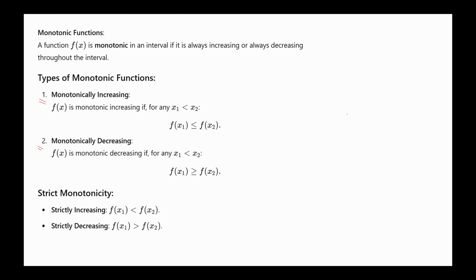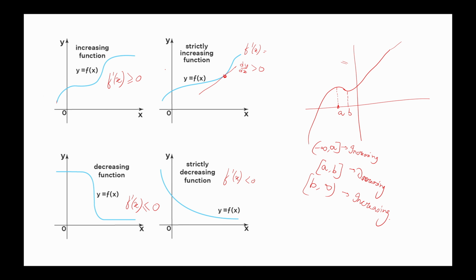Now when we talk about monotonic functions, first of all, if we look at this curve here, I can say this is a monotonic function because it is constantly increasing. I can say this is a monotonic function as well. I can say this is also a monotonic function because it is either increasing or decreasing in the entire interval.